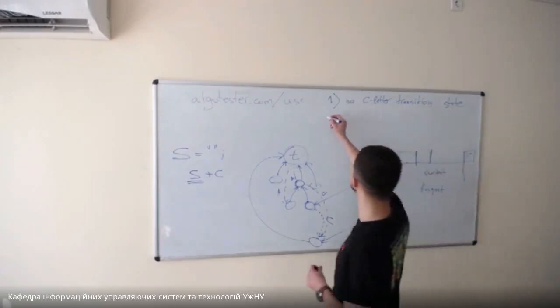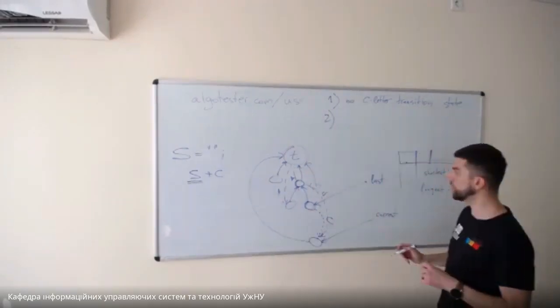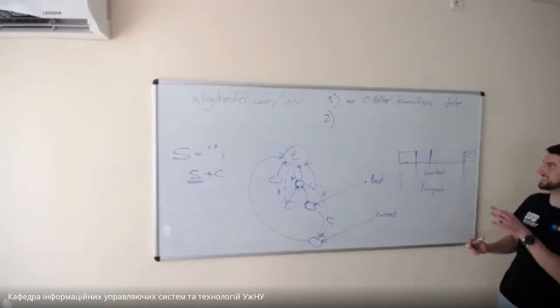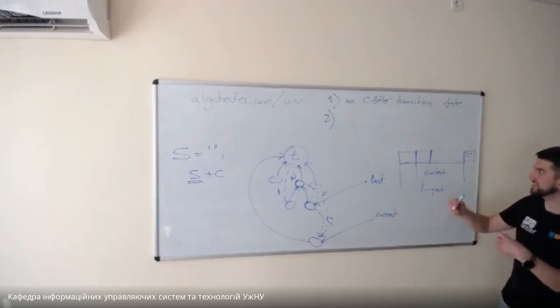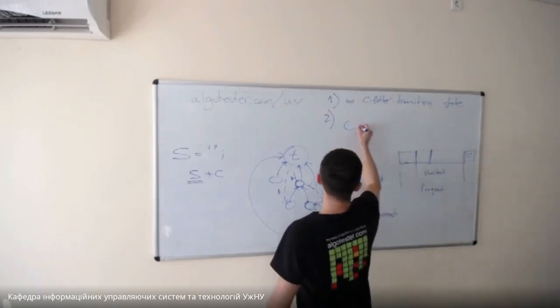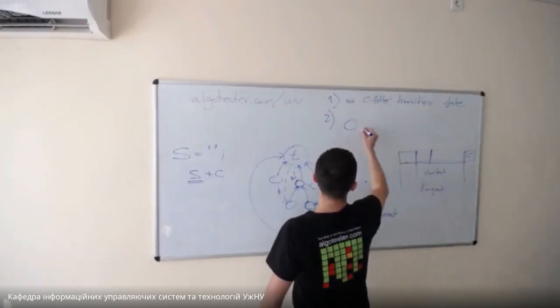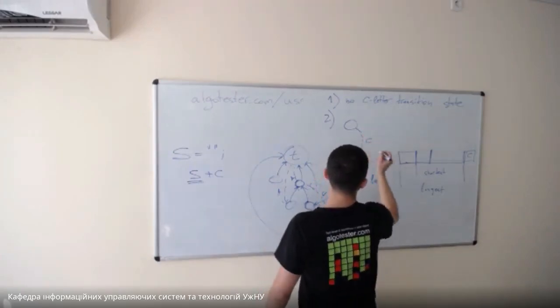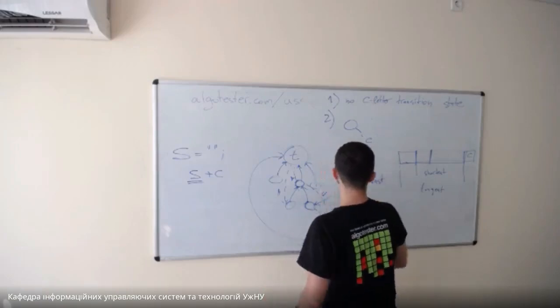Otherwise, option number two: we encounter a state where there is a transition with letter C on it to some different state.